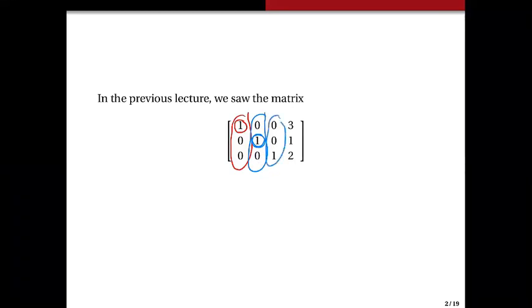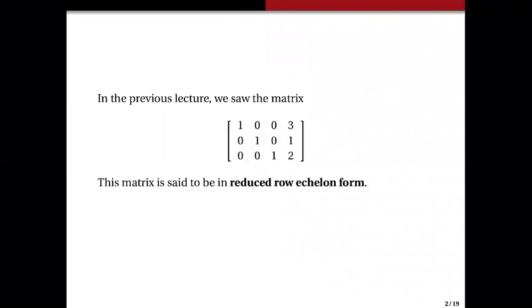Another column here, this is a leading one, and all the other entries in that same column are zeros. Which means that this matrix here is actually in reduced row echelon form.